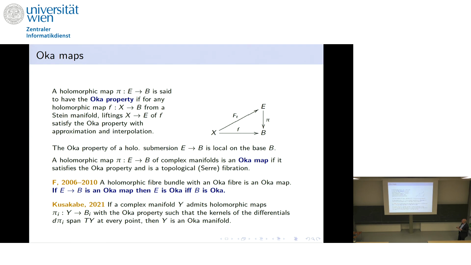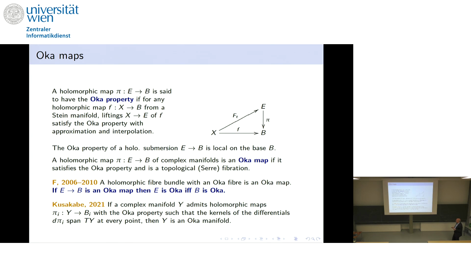And then one more definition: a holomorphic map is called an Oka map if it satisfies this property that I said before, and in addition, it's a topological fibration. Topological fibration just refers to the possibility of the homotopy lifting property. You have a homotopy downstairs, you lift it at the initial stage, then you should be able topologically to lift it. It's a fibration.